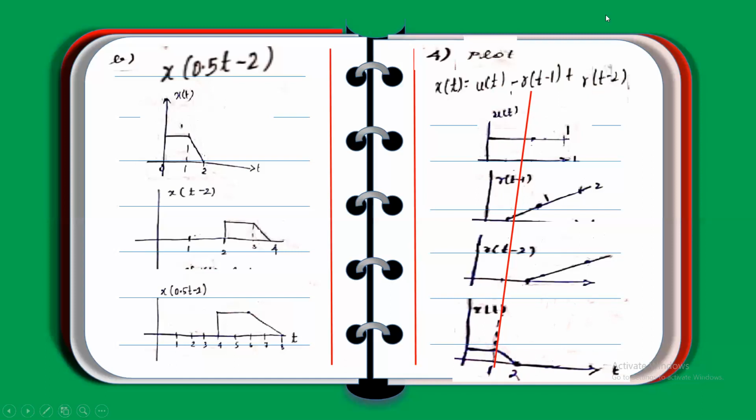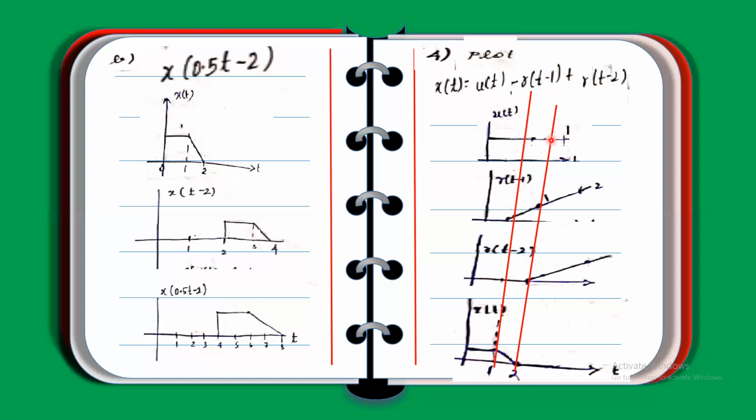Now consider the interval 1 to 2, t equal to 1 to 2. U of t is equal to 1, r of t minus 1 is picking up, r of t minus 2 is not present. So this x of t equation becomes u of t minus r of t minus 1. At t equal to 1, u of t equal to 1, r of t minus 1 is just starting. So it is 1 minus 0, amplitude is 1 itself.